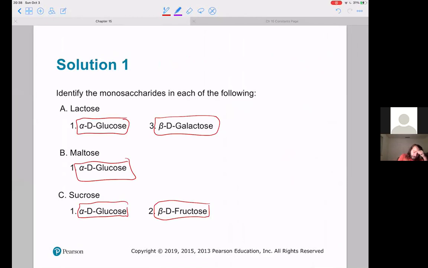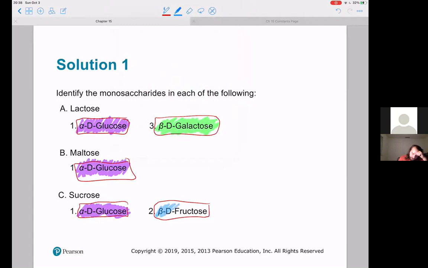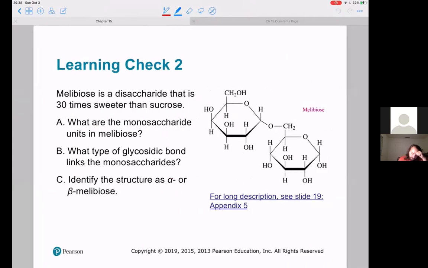So the good news is that the glucose in each of them is the same. Alpha glucose, alpha glucose, alpha glucose. The difference: lactose contains galactose, and that's going to be beta galactose. And sucrose contains fructose, and that's going to be beta fructose.